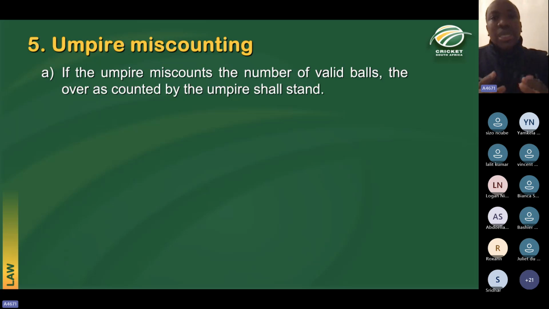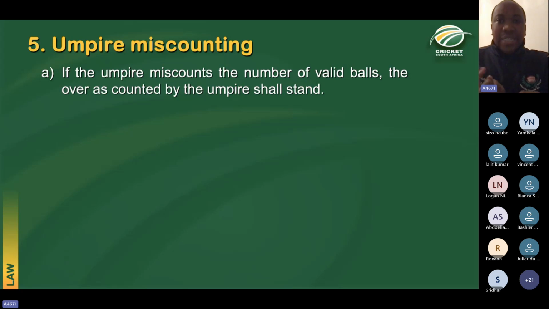We normally lose count when something strange happens in the over. So if there is a wide delivery, a no ball, a dead ball, or a wicket that falls in an over, that is usually when we will miscount. That is why it's a good idea for the 2 on-field umpires to confirm how many balls are left if any of those 4 things happen in an over.